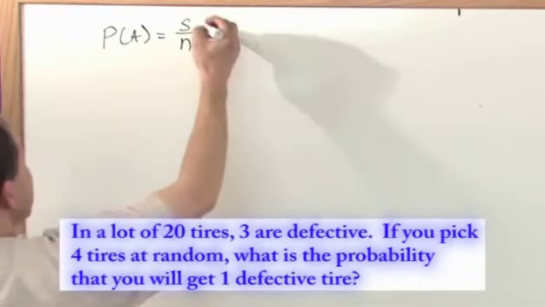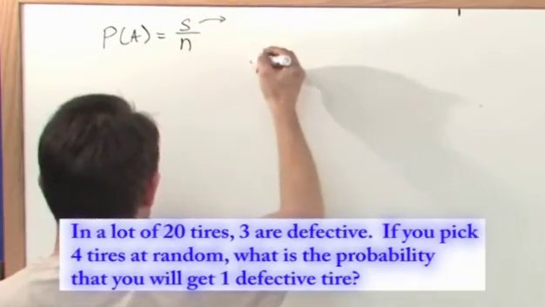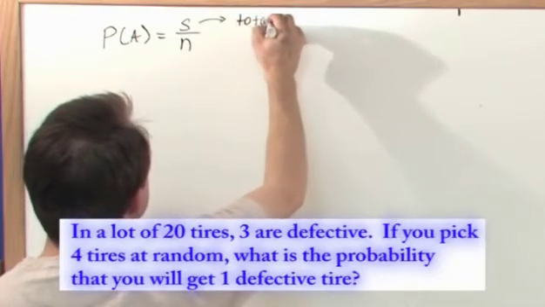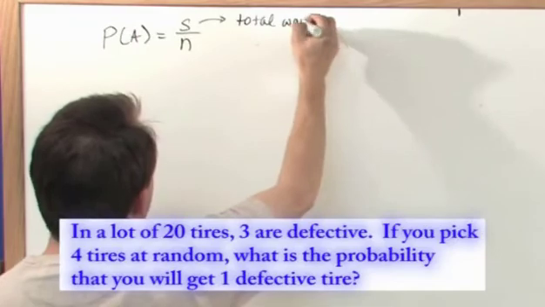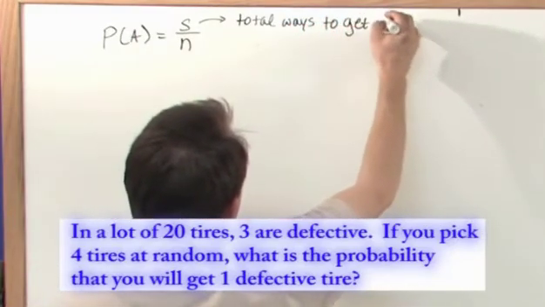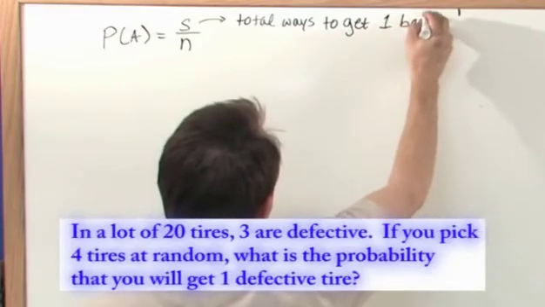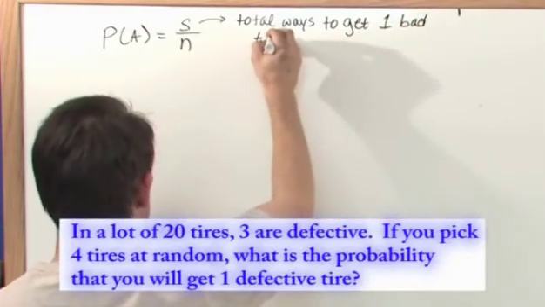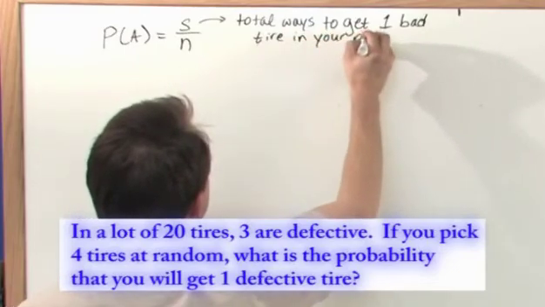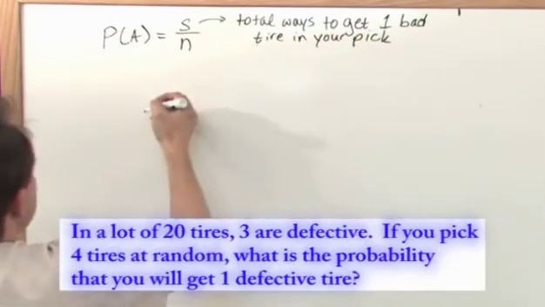Okay? So S would be the total number of ways to get 1 bad tire in your pick. That's what the success is defined to be.